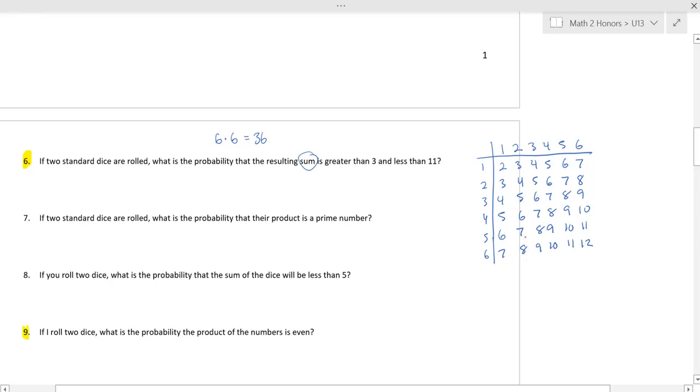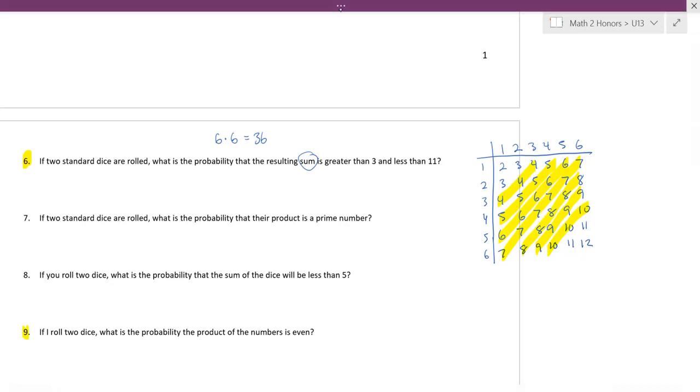So we want a sum, let's see, greater than 3 and less than 11. So they'll include the 4s, the 5s, the 6s, the 7s, the 8s, the 9s, and the 10s. So we got to count out how many 4s plus how many 5s plus how many 6s, and so on.